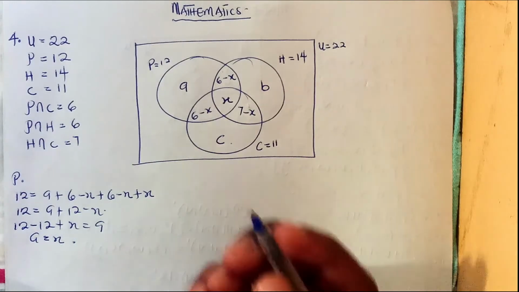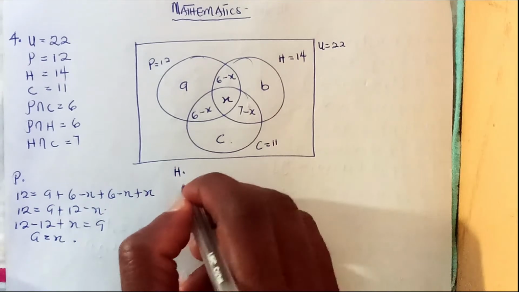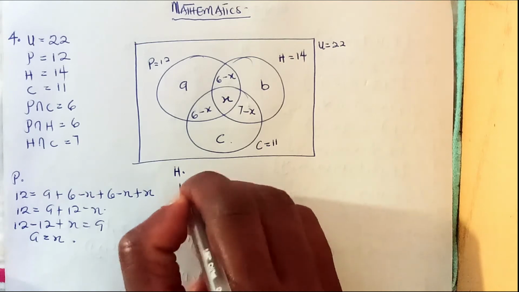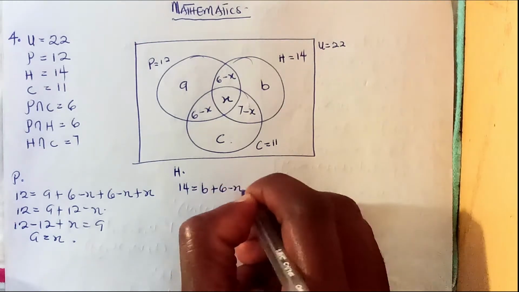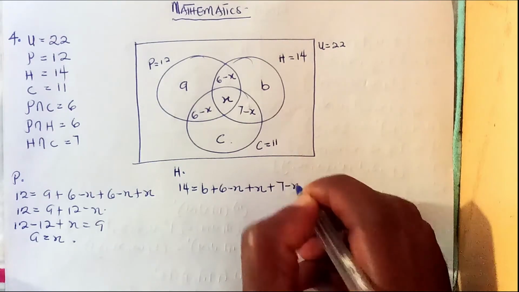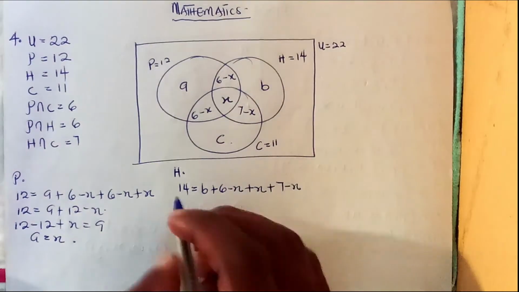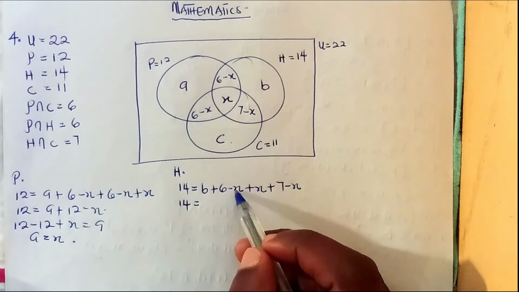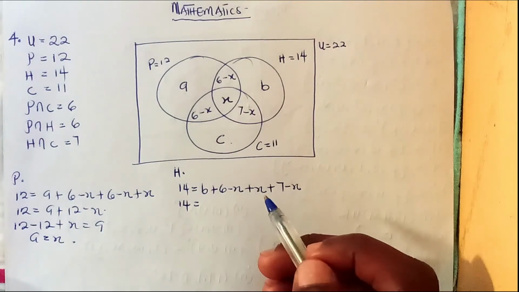For the P, A equals X. Let's move on to H, finding B. So we have 14 is equal to B plus 6 minus X plus X plus 7 minus X. Now 14 is equal to, this X takes this X away, since negative X plus positive X gives us 0.